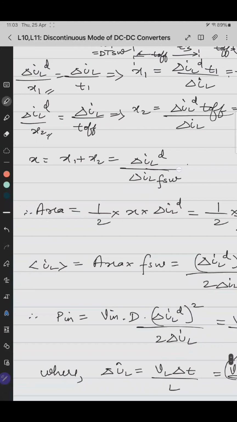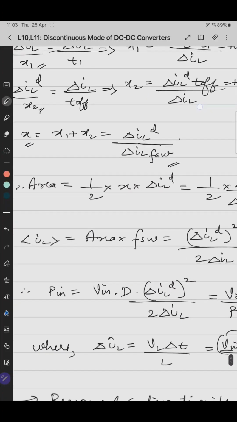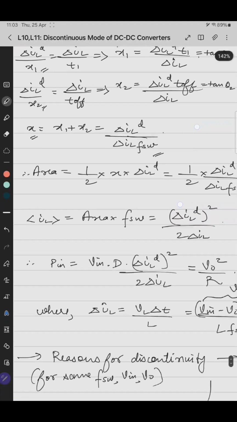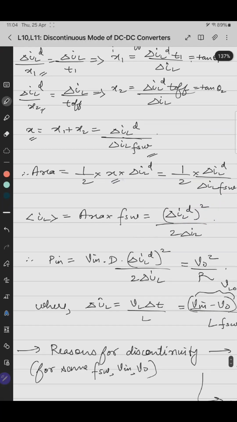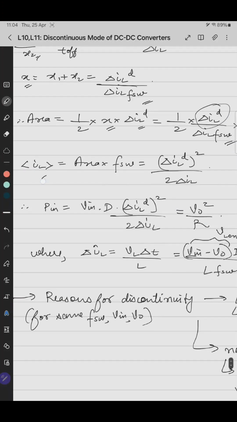If we add x1 and x2, which is the total x, it is delta IL d by delta IL into f switching. So in that case, what is the area? Area is half into base into height. Base is x, height is delta IL d. So delta IL d and delta IL d is there, so it will be delta IL d square. Therefore the average value is area into switching frequency.